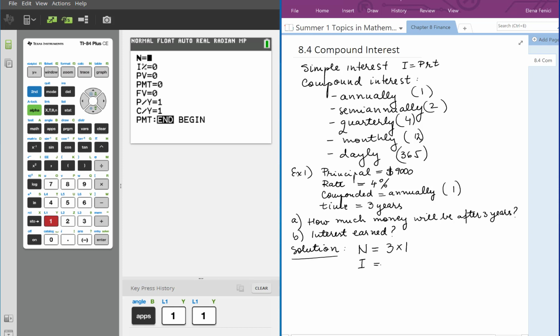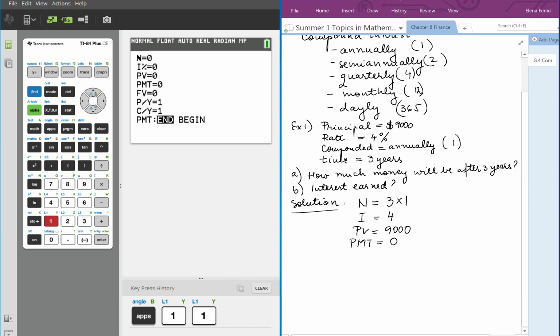For the interest rate, you are going to put just 4. Don't put 4% or 0.04. Just put 4. That's how the calculator is set up. Present value is the amount of money that you have right now, the principal. So we put 9,000. PMT, they didn't say anything about any payment, so I'm just going to leave it 0.